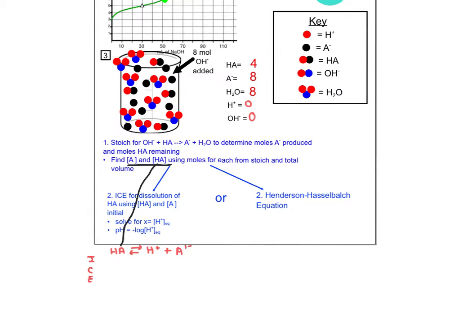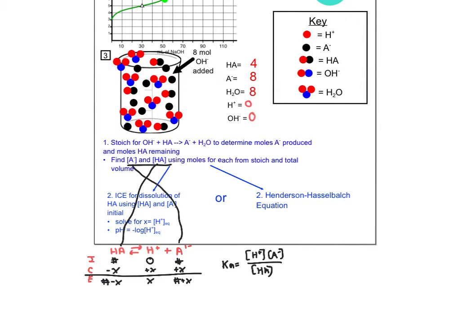So my concentration of HA initially will go here. My concentration of excess A minus will go here, and we don't have any H plus. So we'll say minus X, plus X, plus X. So this is going to be some number minus X, X, and some number plus X. We know the Ka is going to be H plus times A minus over HA. So we can plug all of this in and solve for X. Obviously, the Ka value would be given for this weak acid.